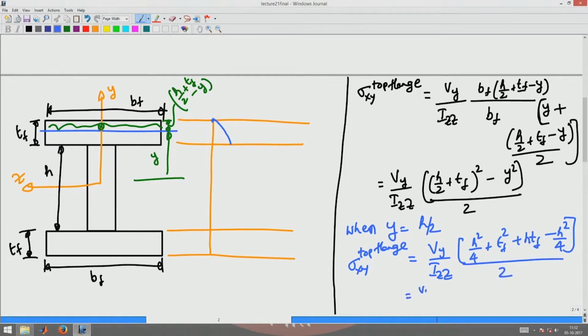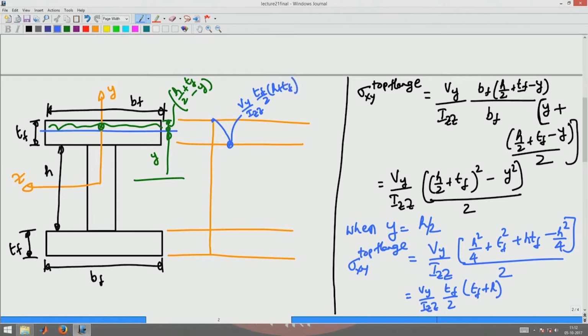So, that will be Vy by Izz into Tf by 2 times Tf plus h. That is the shear stress at the bottom surface of the top flange. So, this value is going to be Vy by Izz into Tf by 2 into h plus Tf.